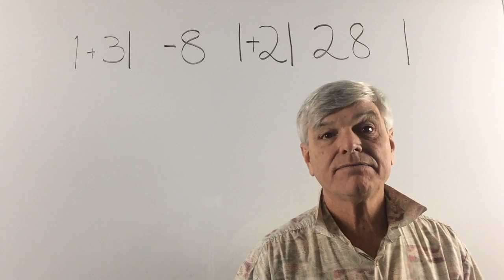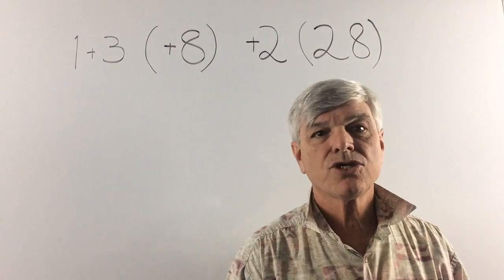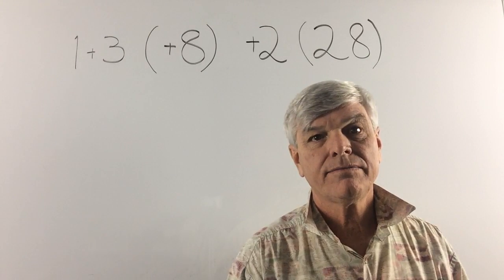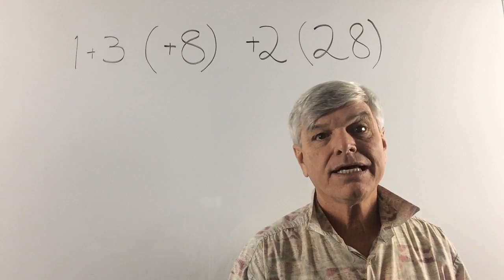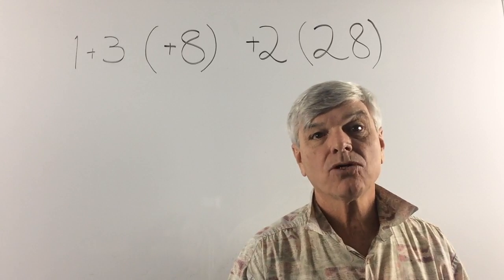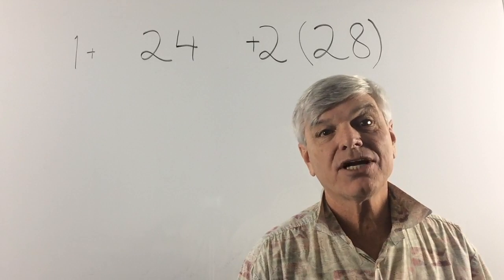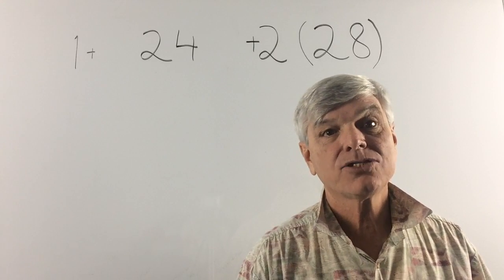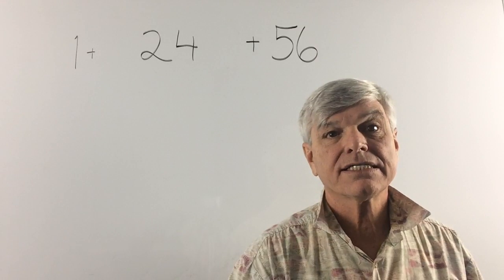And negative 8 is going to be positive 8, and 28 is going to remain 28. Now the left parentheses is 8, and we're going to multiply it times 3, 24. And the multiplication on the right-hand side is going to be 2 times 28, which is 56.